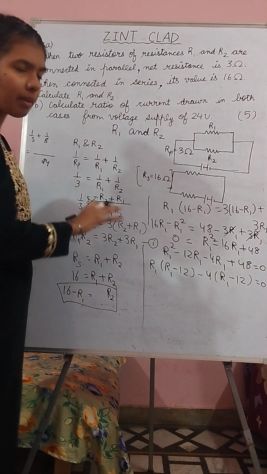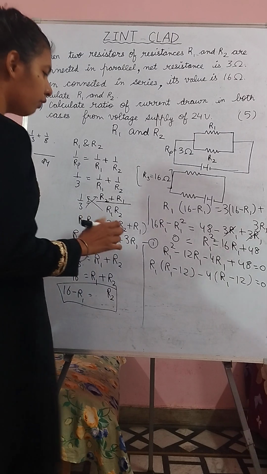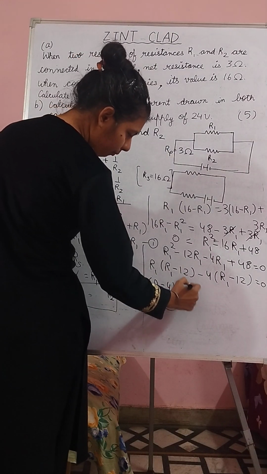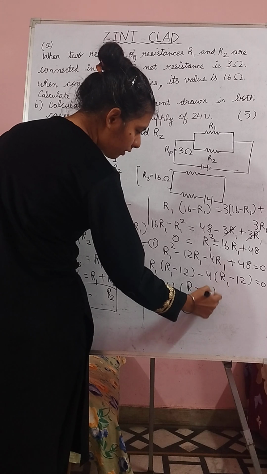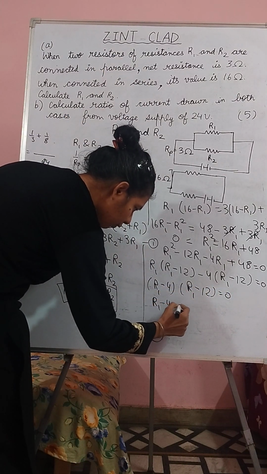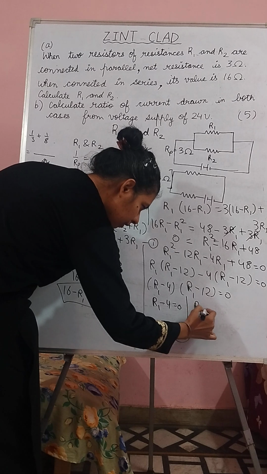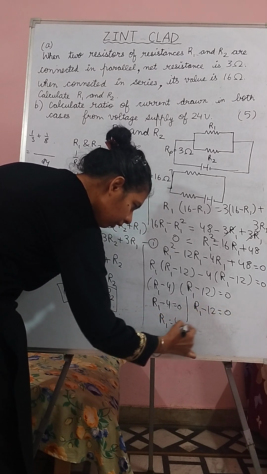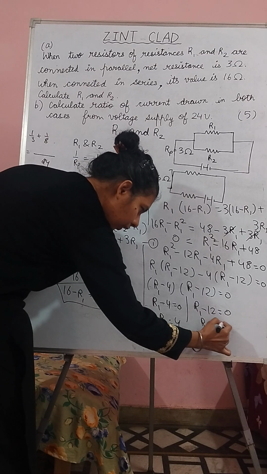This is the basic mathematics, that's why I am not explaining it over here. Now it would be R1 minus 4, R1 minus 12 is equal to 0. Now either R1 minus 4 is equal to 0 or R1 minus 12 is equal to 0. And from here you will get R1 to be 4 or R1 to be 12.